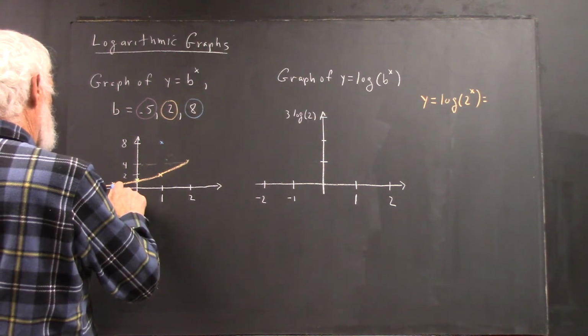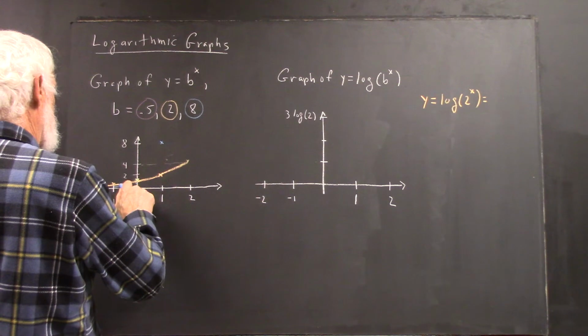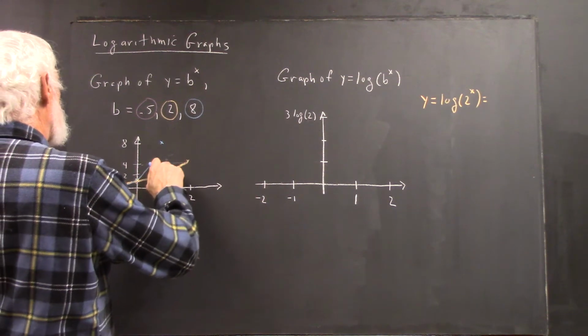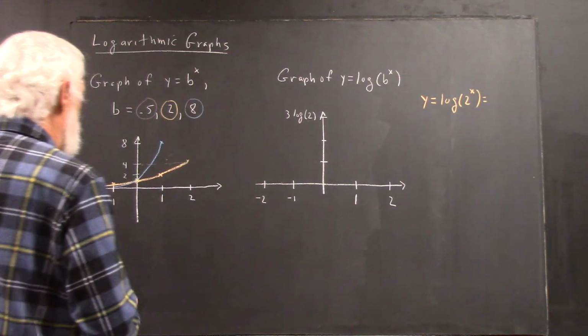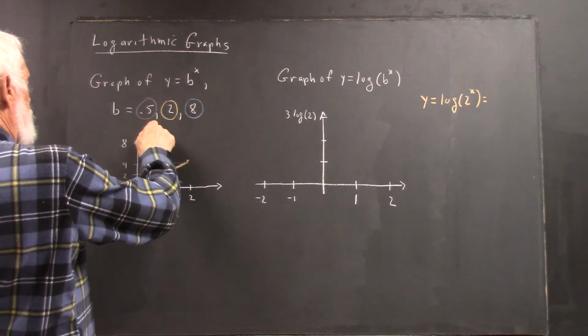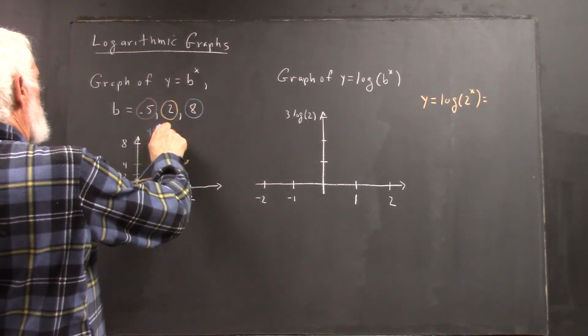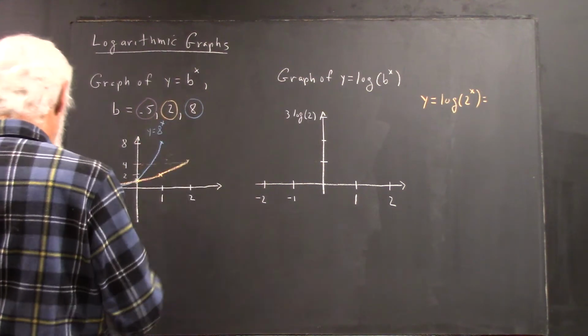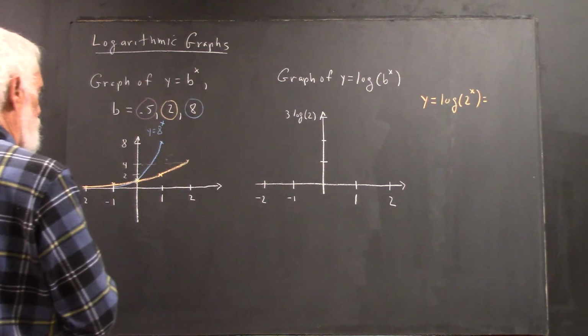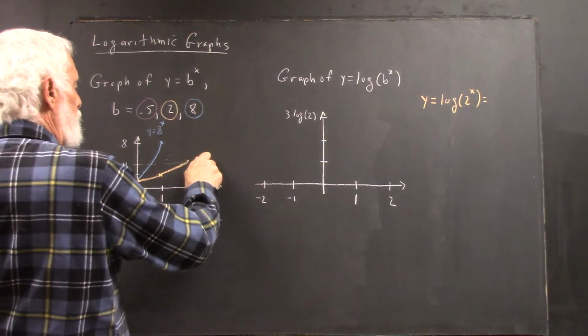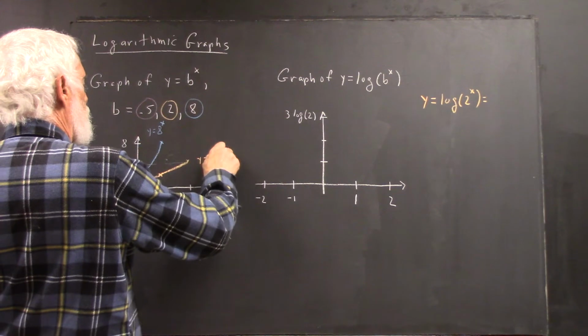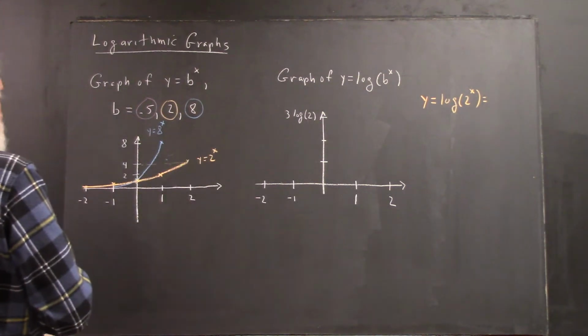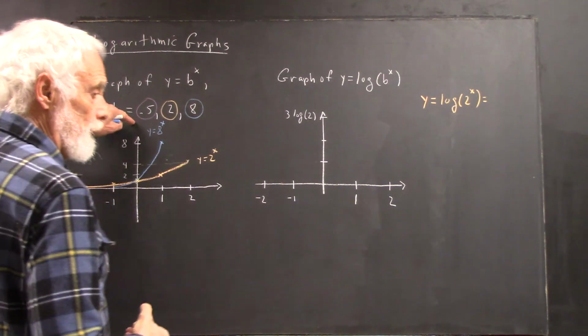And you can fill in the rest of the values if you want. If you understand the shapes of these graphs, you understand that this would be y equals 8 to the x. And this graph is y equals 2 to the x, and 0.5 to the x.